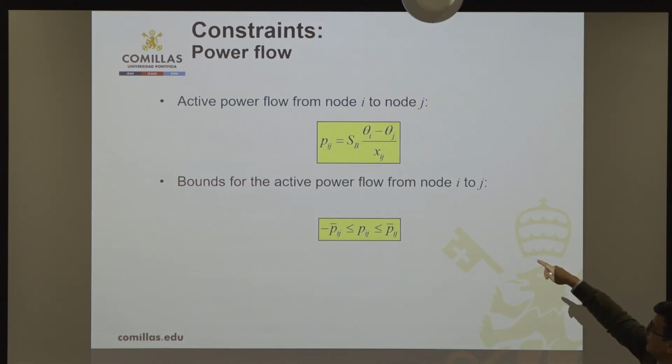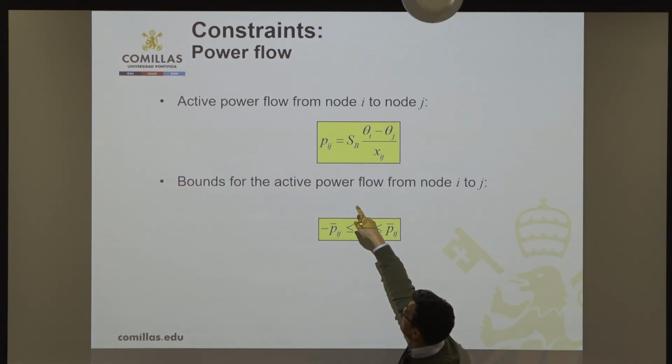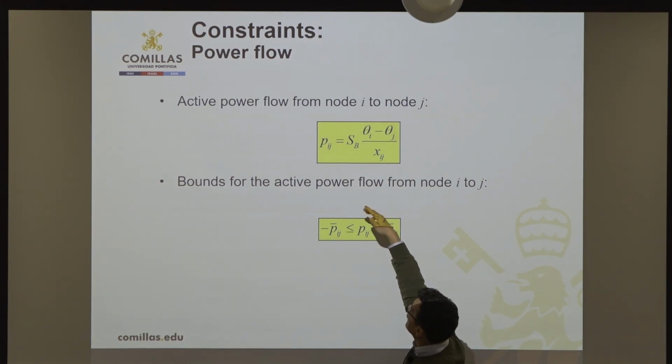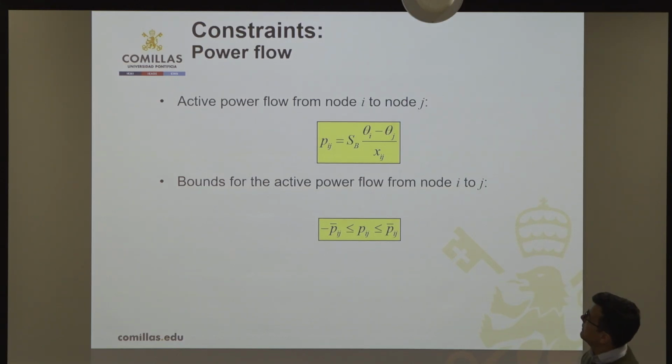And then you have the previously mentioned relationship between the power flow between every line connecting nodes I and J and the phase angles. As you can see, it's a linear relationship, okay? Because there are no more than the product of the phase angle difference times the base power divided by the reactance.